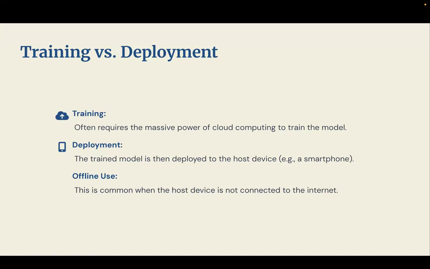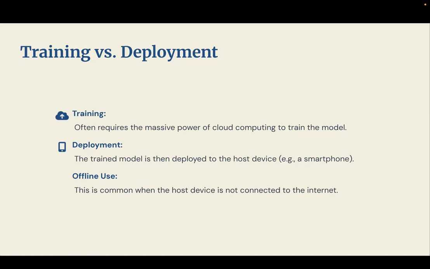And then deployment. See, deployment again, there are two types. You can deploy the trained model on your host device like a smartphone. Right now, if anybody is using their Samsung phone, when you are editing something in your gallery, Samsung gives you an opportunity to edit it using AI, but it doesn't connect to the internet.